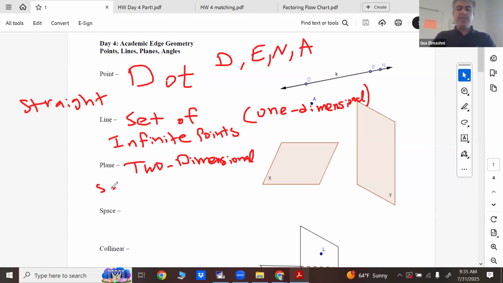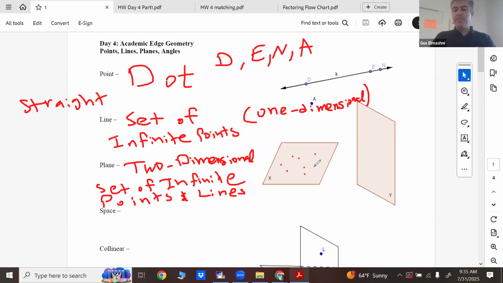It's a set of infinite points and lines. For example, I could put a bunch of dots here. I could just keep going. I could draw a bunch of lines here.